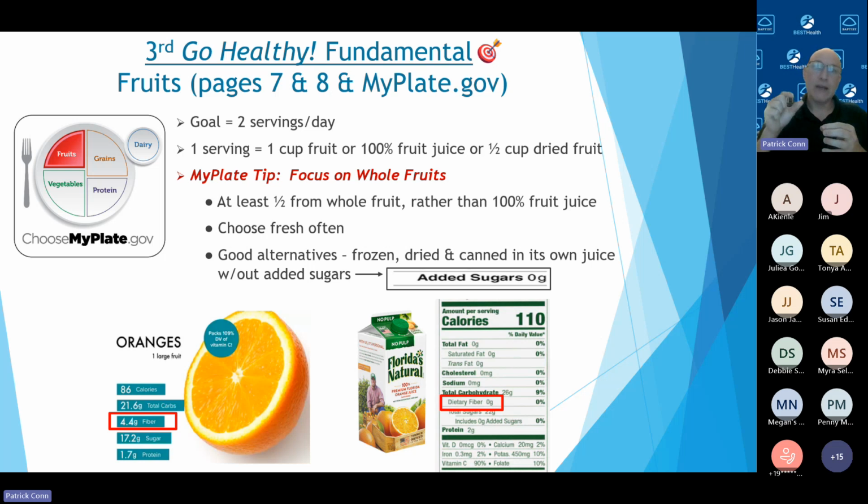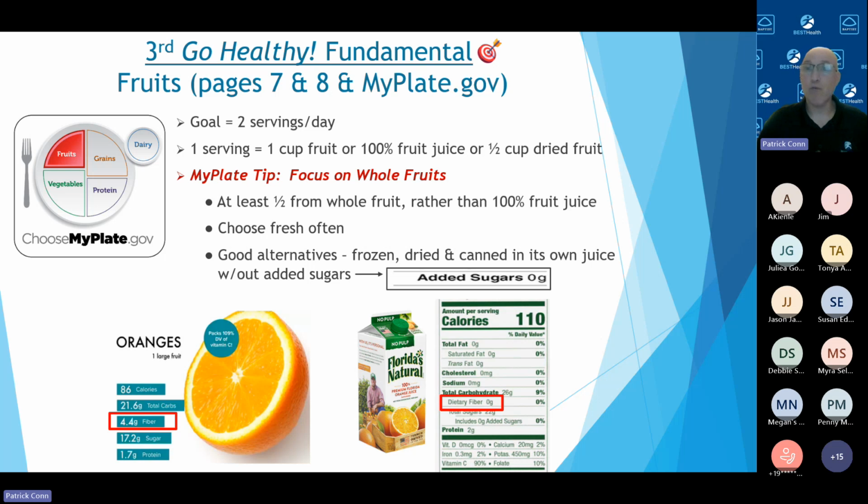The MyPlate tip for fruits is to focus on whole fruits, saying at least half should come from whole fruits rather than 100% fruit juice. Now, I wanted to give you an example of why they want you to focus more on whole fruits versus fruit juices.